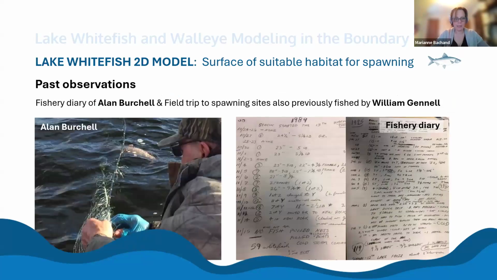So, like I said, to obtain the observations, I was able to meet with Alan Bushnell and go fish with him, and also with William Janelle. Mr. Bushnell took notes from 1983 to 2015 of every day he went fishing. He was measuring fish. He was noting where he was going, and visiting him and having lunch with his wife.